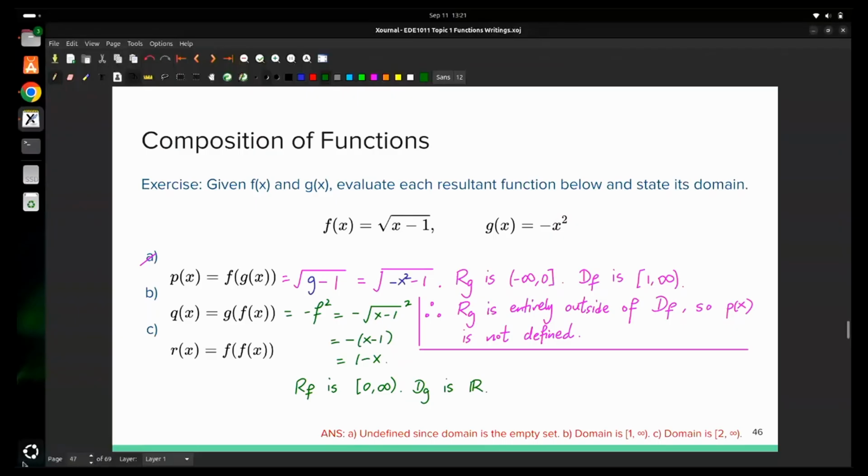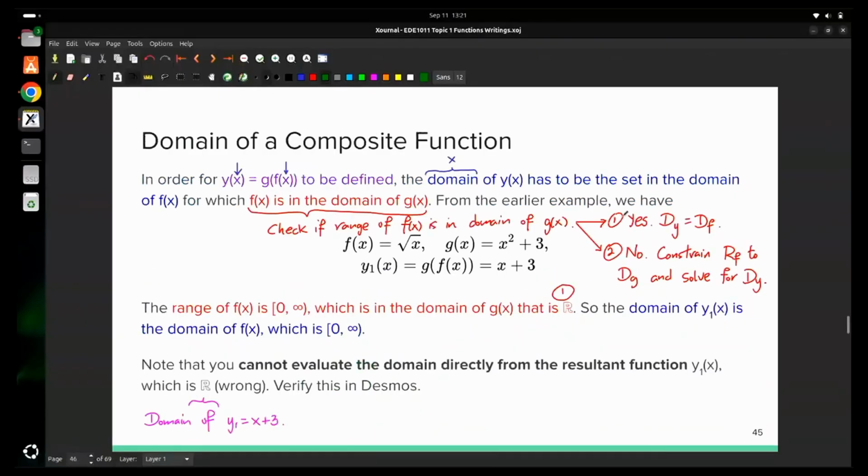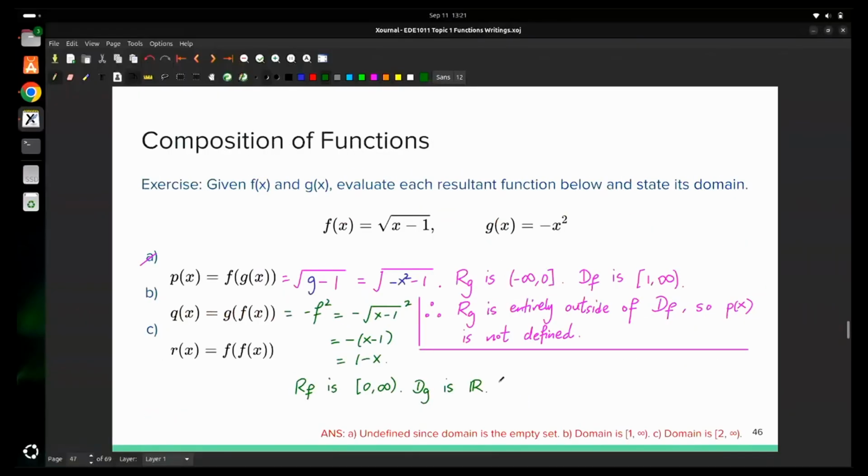So you notice that the range of f is entirely in the domain of g. So that belongs to the first condition. Therefore, since the range of f is in the domain of g, the domain of q equals the domain of f.